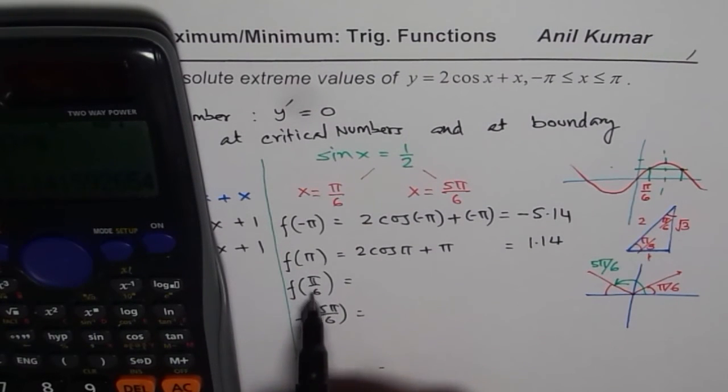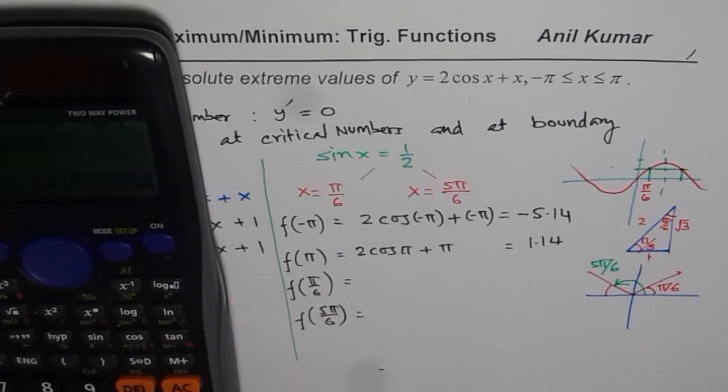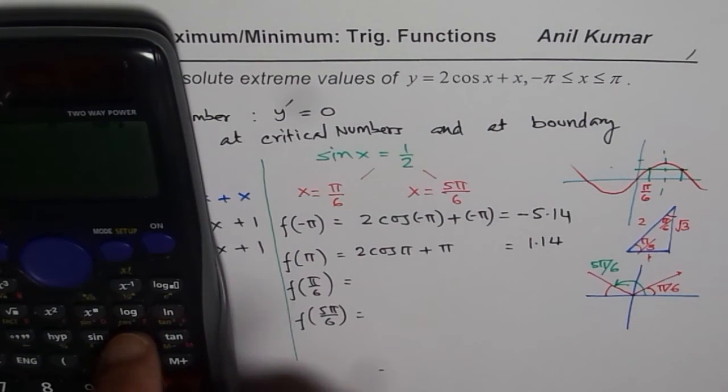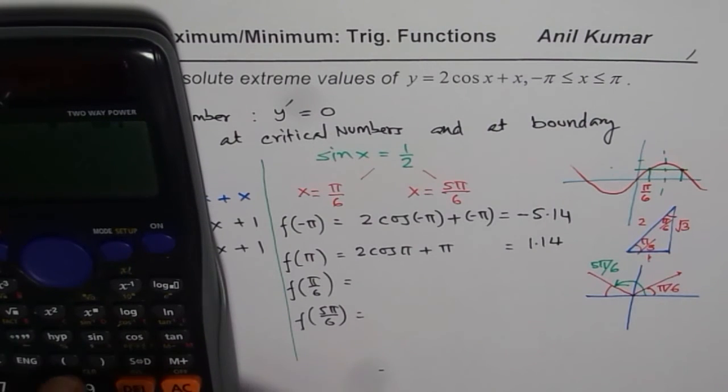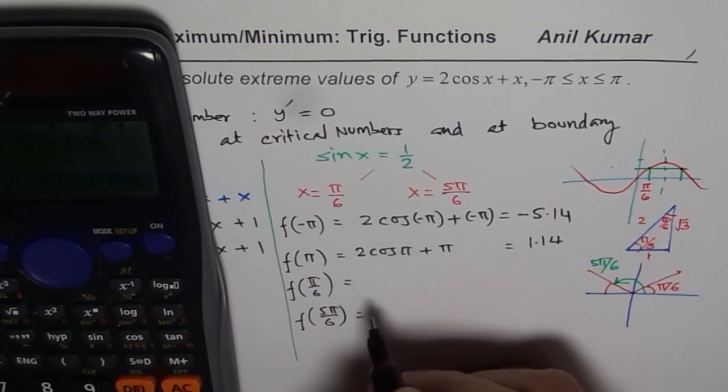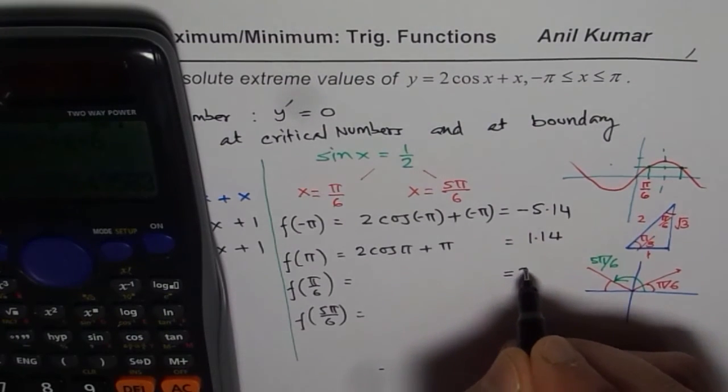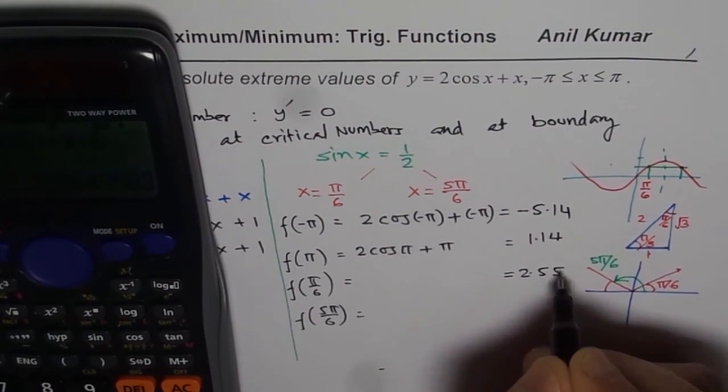Now we'll calculate for pi by 6. So we have 2 times cos of pi divided by 6, plus pi divided by 6, equals 2.55.